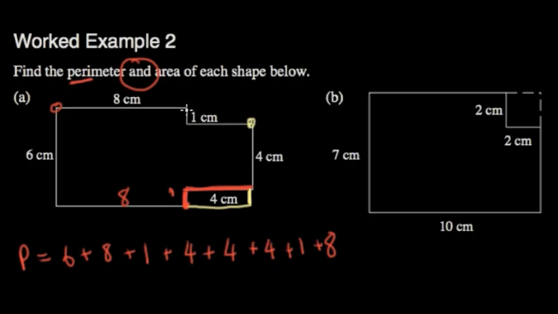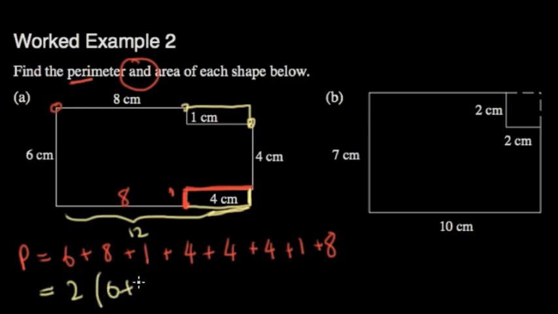So to walk from here to here, we could alternatively walk up and around, and then the total perimeter is actually that of a rectangle, where it's 6 down and it's 8 and 4, so that whole length there is 12 to here. And so a quicker way of doing the perimeter would be 2 times (6 plus 12). This is just a quicker way of working out the perimeter of a shape like this.